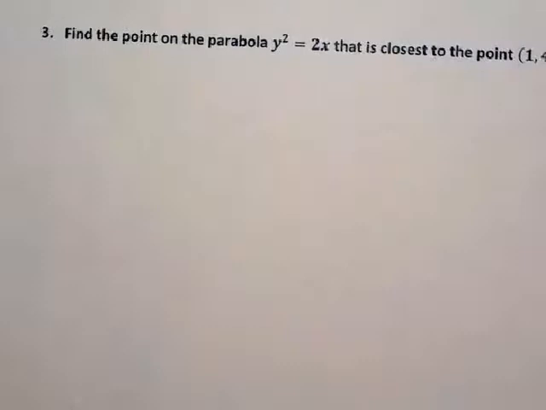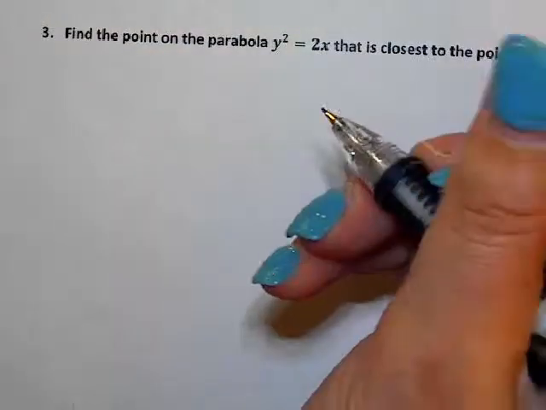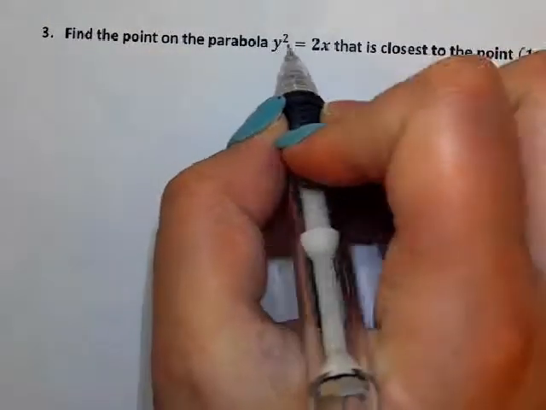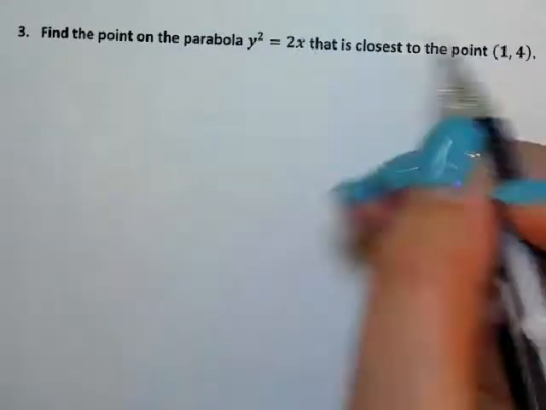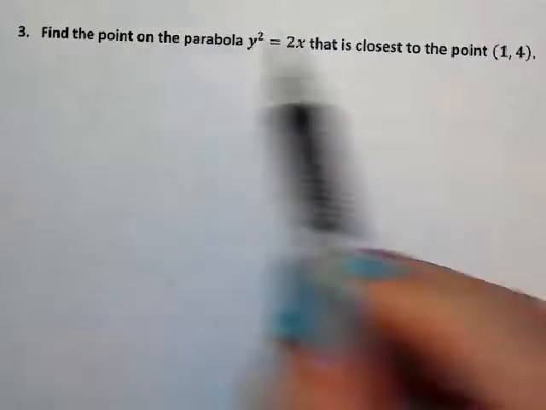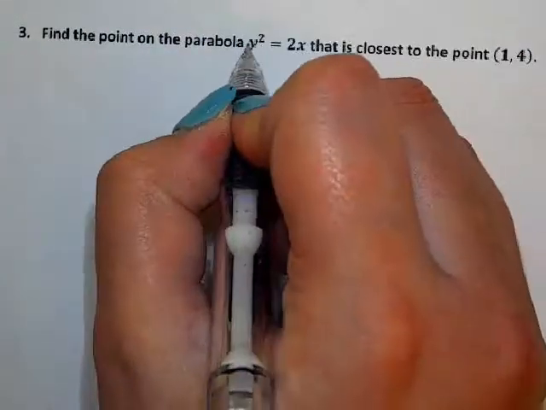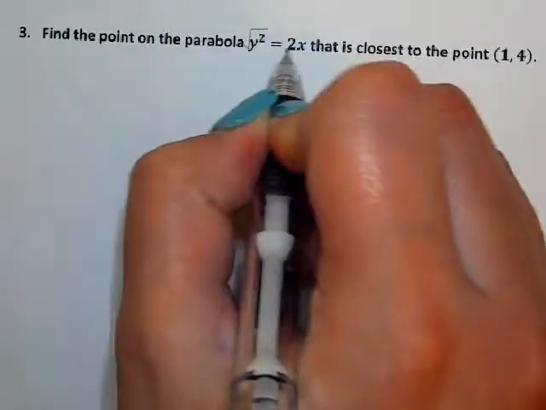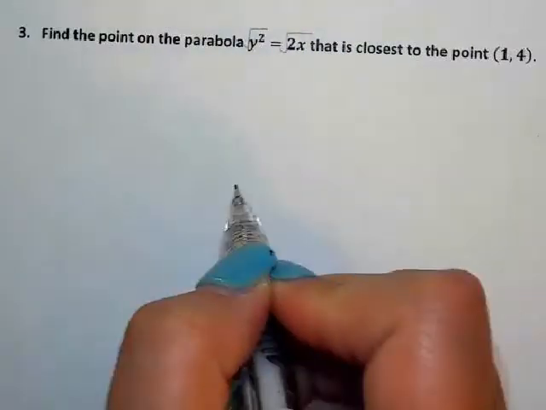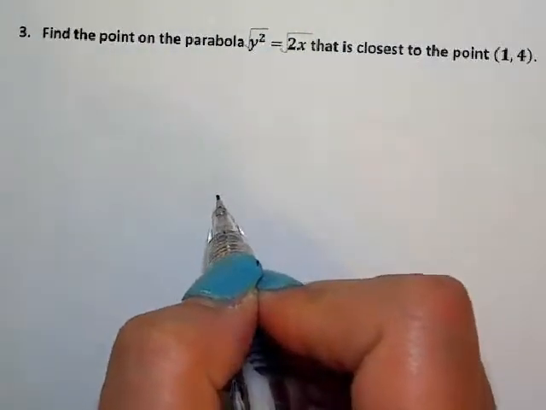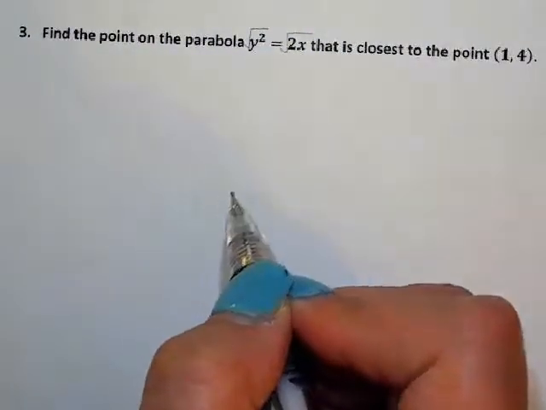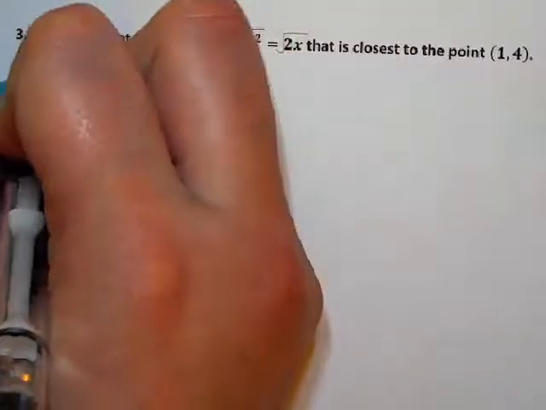If I wanted to isolate the y so that I could graph this, then I would square root it. And what do I always have to do when I am square rooting? Plus or minus. Okay, so I have y equals plus or minus the square root of 2x.